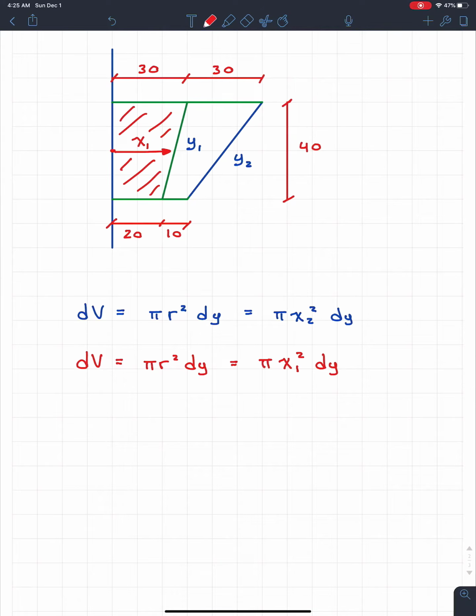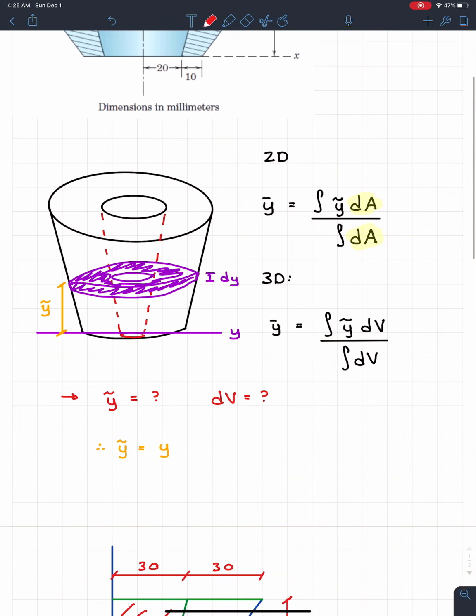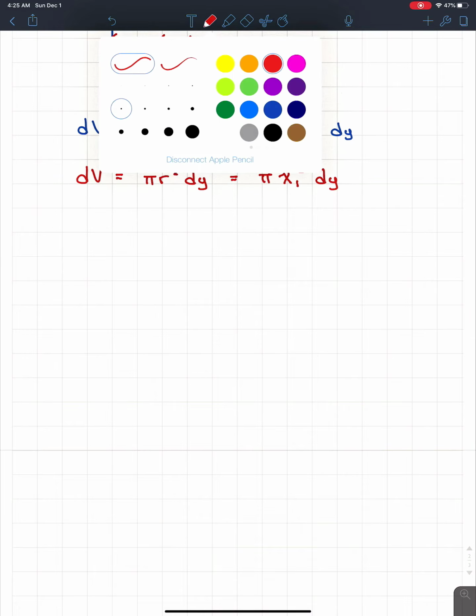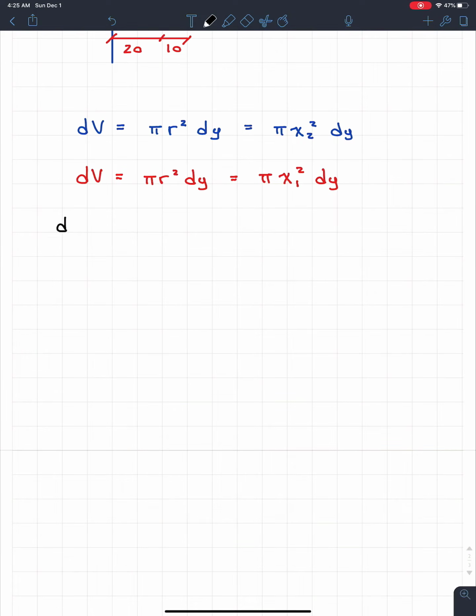To find the slice when I consider the hole, I take the whole slice, including the hole, and subtract the hole. So the dV that I want is pi x2 squared dy minus pi x1 squared dy.